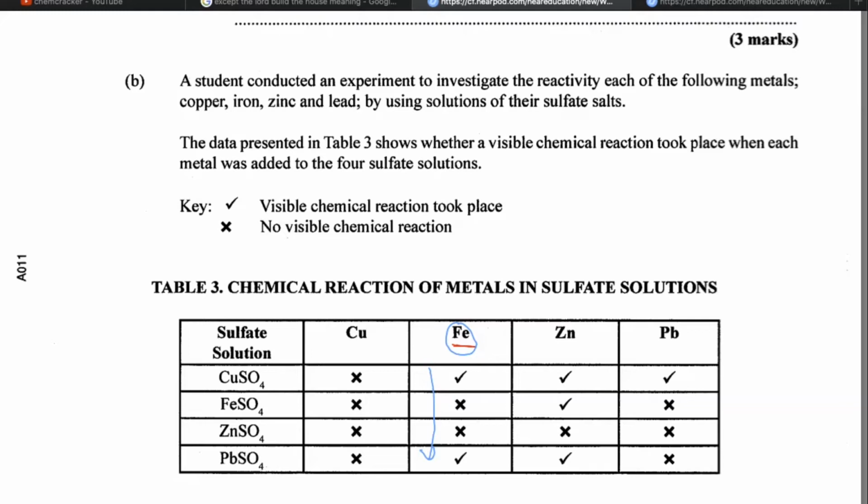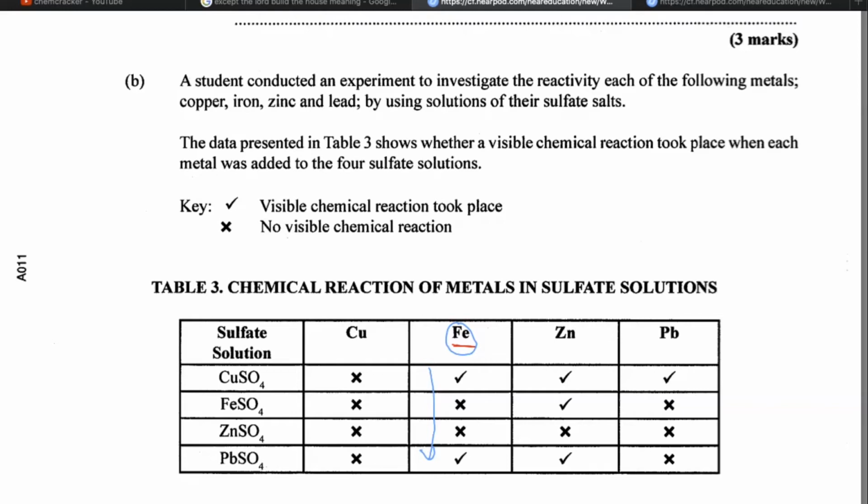And then for lead, there was only 1 visible reaction. Lead was able to displace copper from the solution of copper sulfate, but it was not able to displace iron or zinc. So we're now going to use this information to answer the questions that follow.